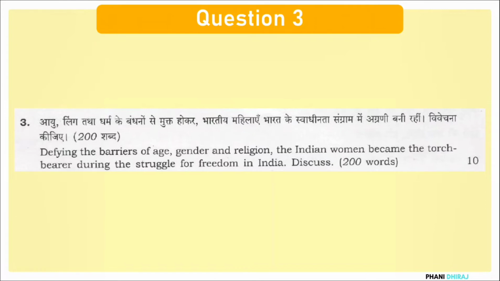You have to give certain examples from different age groups so that you can portray a balanced answer as to what was their role despite so many hindrances and their contributions to the freedom struggle in India. That is how you should approach this answer. Now moving on to question number 4.